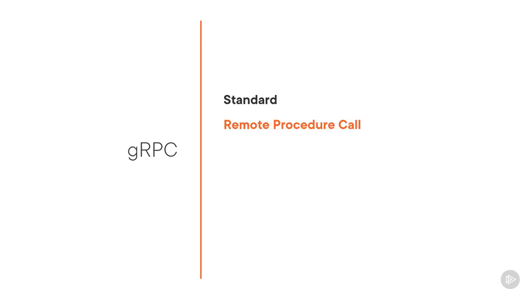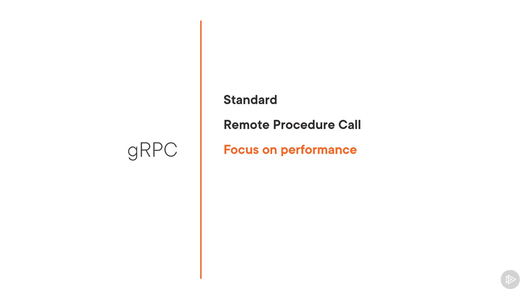Instead of relying on the HTTP protocol methods such as GET and POST, gRPC works by using remote procedure call. That's where the letters RPC stand for. It's convenient to think of the word procedure here as another word for method. So it means calling a method from a remote location.